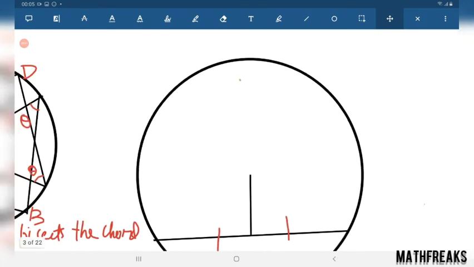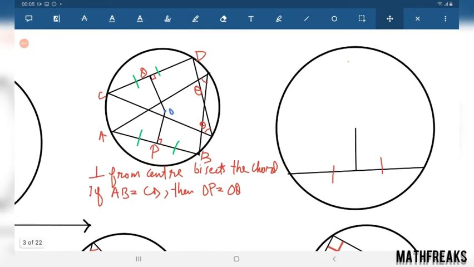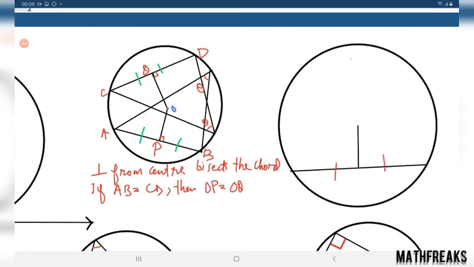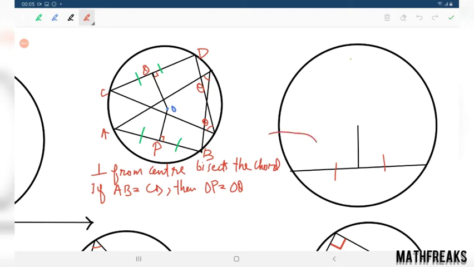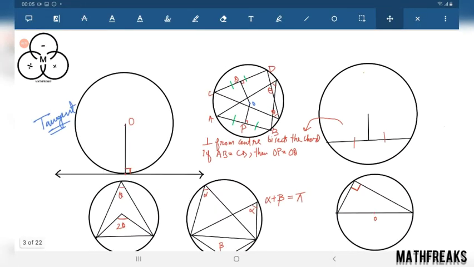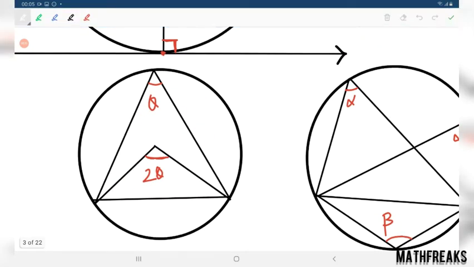Moving forward, we have already discussed that the perpendicular from the center bisects the chord. This has been shown here again. Perpendicular from the center bisects the chord. Now, the angle subtended by a chord at the center.